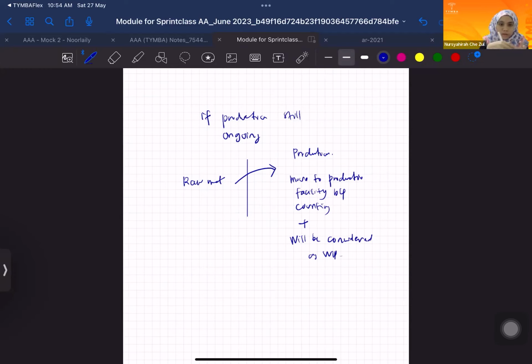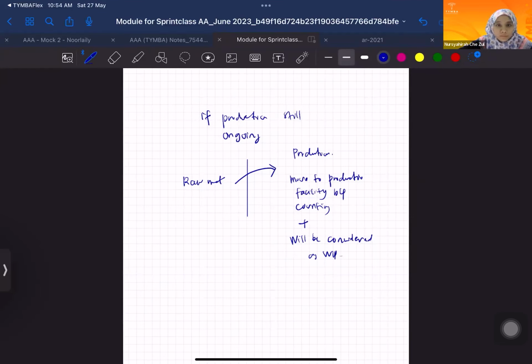And everything, all the raw materials there, if it has started. If it has not started yet, it's fine. Okay? It will be considered as work in progress. So, I don't know, 10%, 20%, up to the point of time or expected percentage by the end of the day. If at the end of the day, management mentioned that expected WIP will be 20%, then you calculate as 20% of the goods.